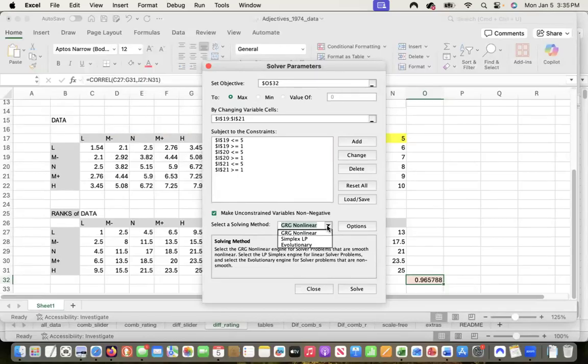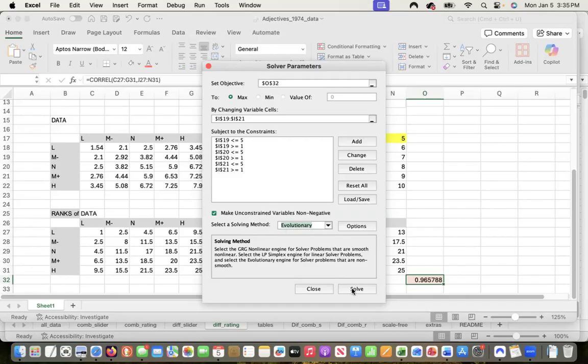But in this case, because we're just working with rank orders, we have to choose this method right here, the evolutionary technique, and it needs these constraints here, whereas some of the others don't require as many constraints. But the evolutionary technique is one that'll work when you have flat places in your objective function, the function you're trying to maximize or minimize.